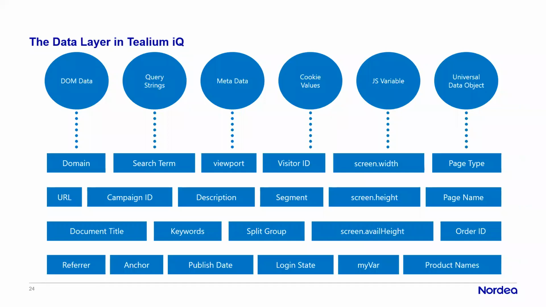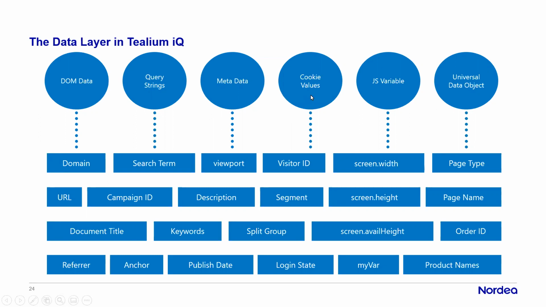So to have a look at the data layer inside of Tealium, we have something like this. This is maybe confusing, but you can see from the start, we have data from the DOM, for instance, the domain or the URL. You could have stuff like the document title, for instance. We have query string stuff. We have metadata, so meta tags included in HTML pages.